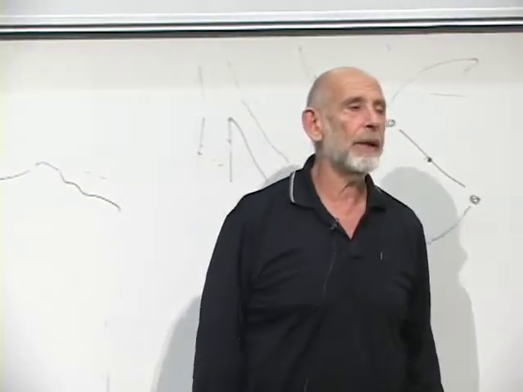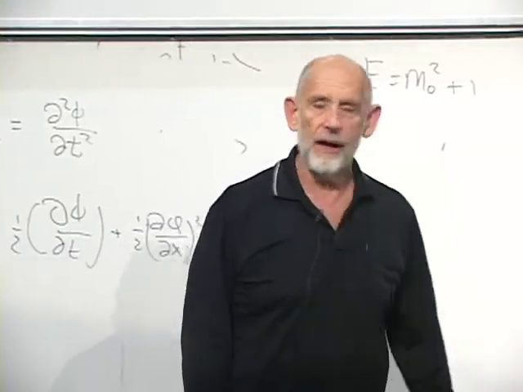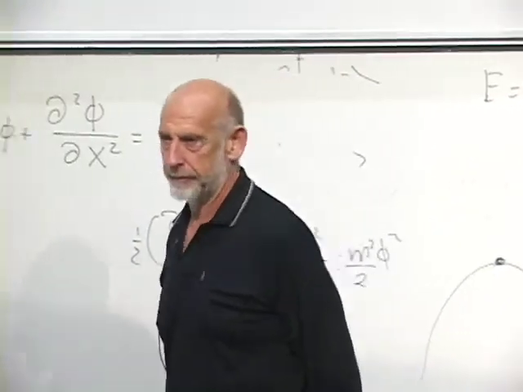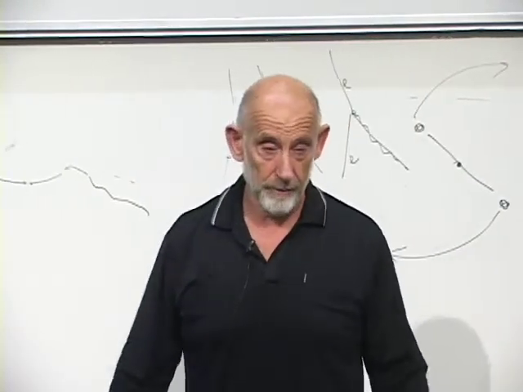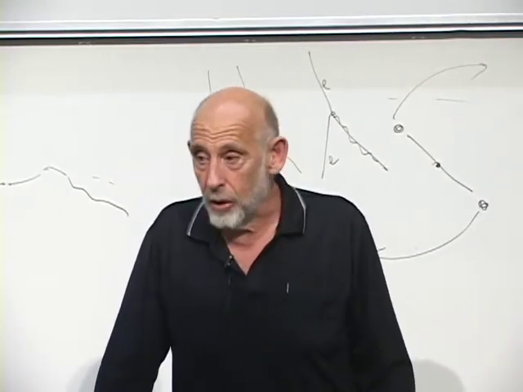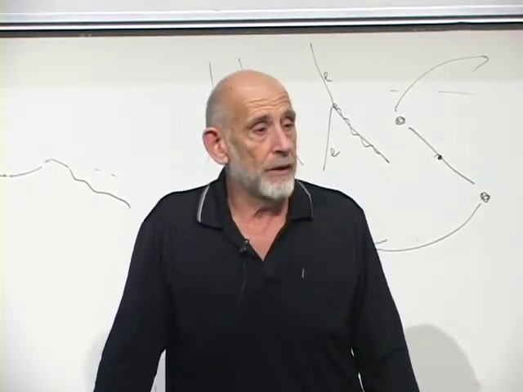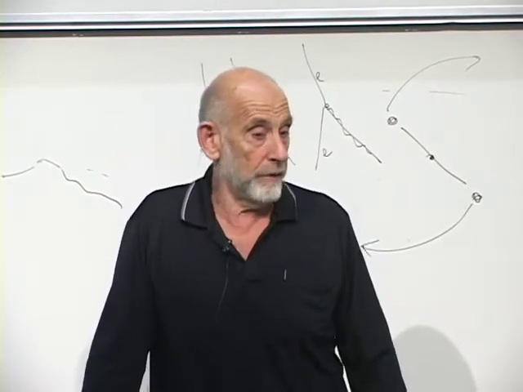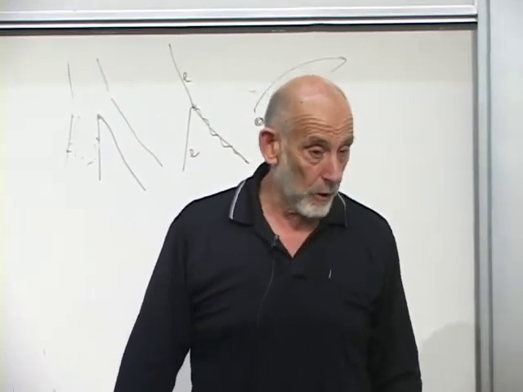If that probability were large, the string would have very little integrity. It would constantly be breaking up. If that probability is very small, then the string might last a long time before it breaks up like that. So one of the assumptions in string theory is that this probability is small.